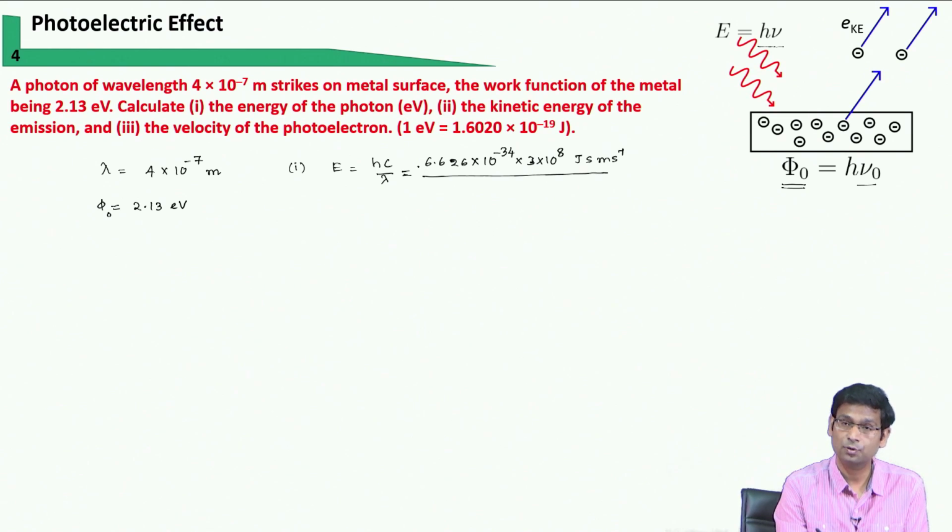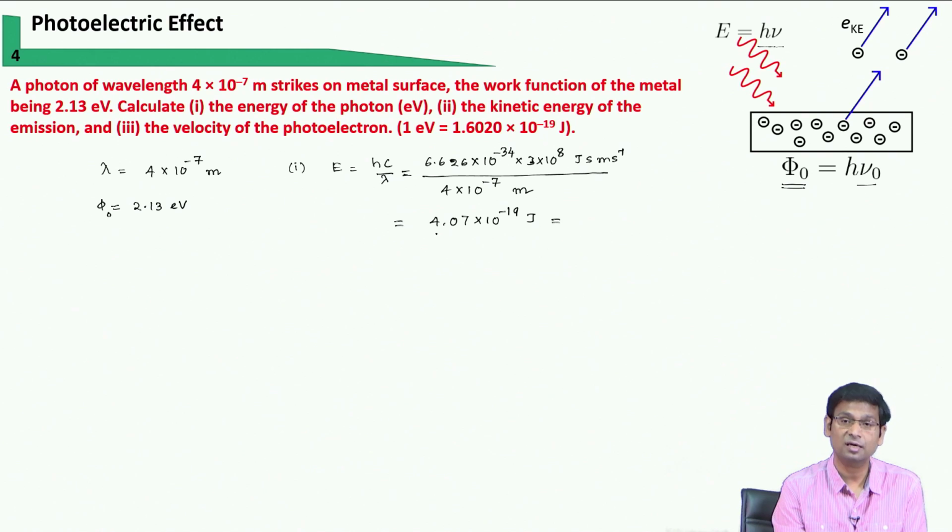So, it is a good idea to actually remember the result of this product hc in joule meter units, so that you can directly use it and be faster in solving problems. This is the expression we have already used. When I do this, I would get 4.07 into 10 to the power minus 19 joule.